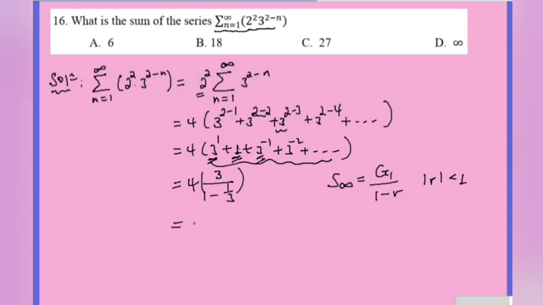So for now, this is 4 times 3 over 1 minus 1 over 3. 1 minus 1 over 3 is 2 over 3. So this is 4 times 9 over 2, which becomes 18. So the sum of this infinite geometric series is 18. Therefore, our answer is B.